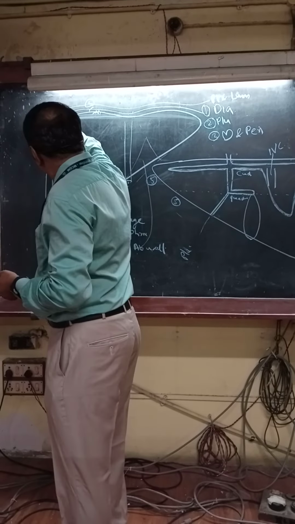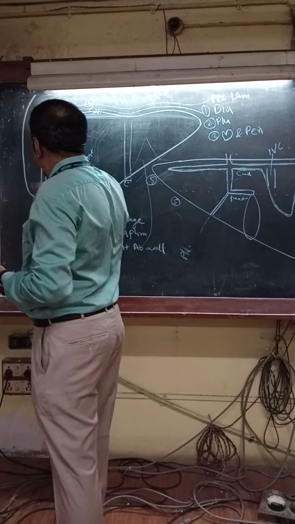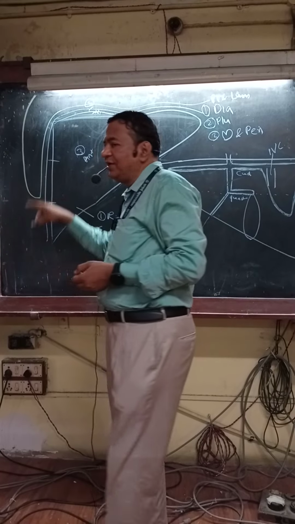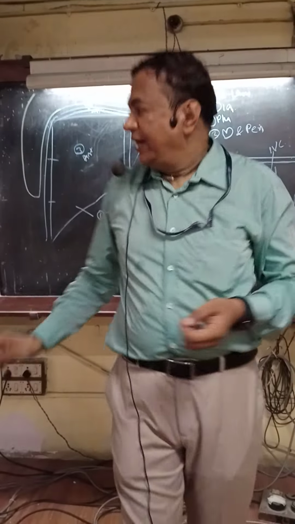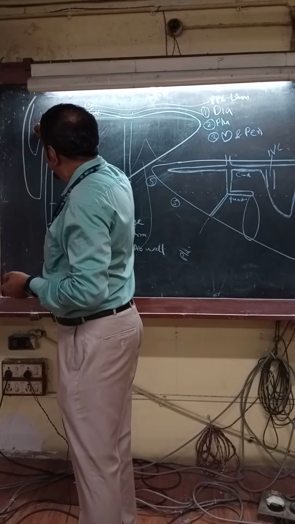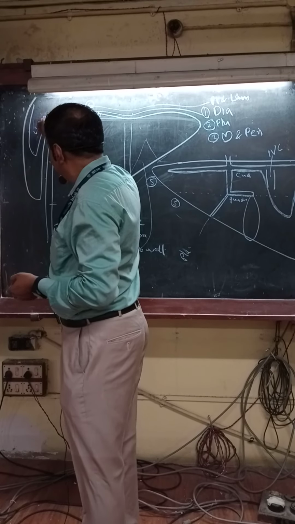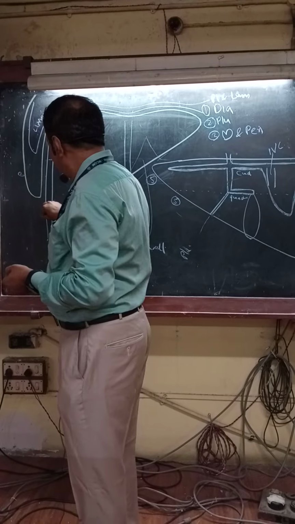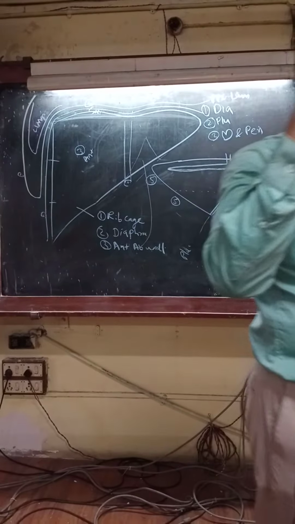Then in the upper one third and middle one third there is also pleura, and in the upper one third only are lungs. So it is also related to three structures: lungs, pleura, diaphragm.